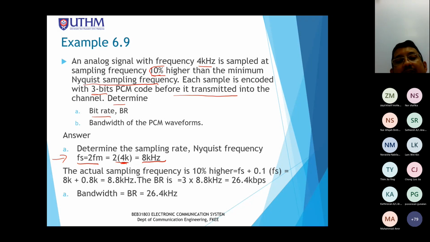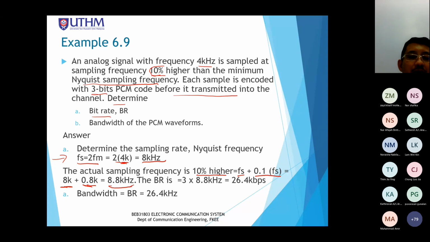However, we sample at 10% more than the Nyquist rate. That means 10% higher is the minimum sampling rate plus 10% of the minimum sampling rate. So 8 kilohertz plus 10% of 8K, which is 0.8 kilohertz, so the total is 8.8 kilohertz.